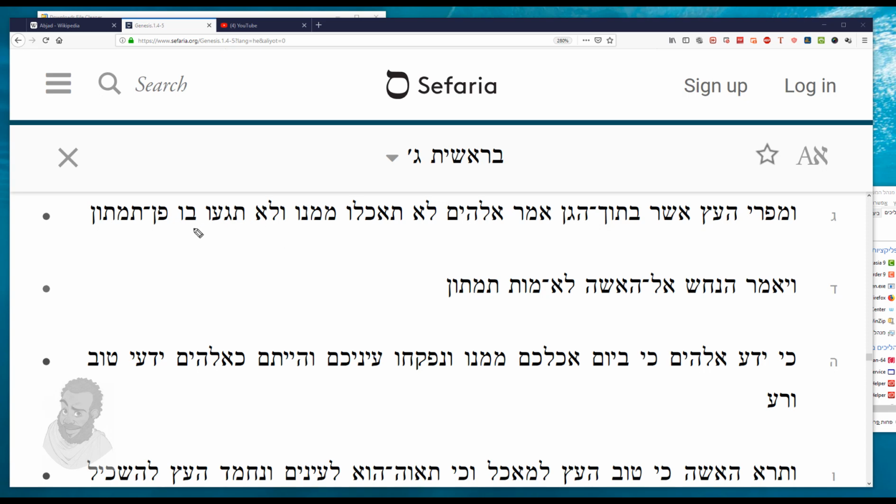Velo sigeu vo pen temusun, and do not touch it. Bo is another in it, okay? It's in it. But when you touch something in Hebrew, what was said, you use the milas yahas, the preposition be.